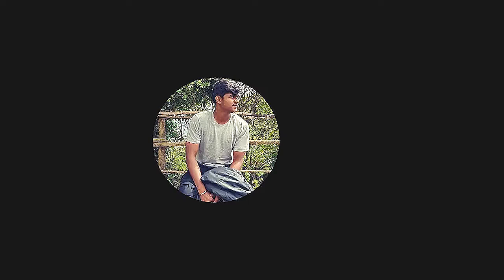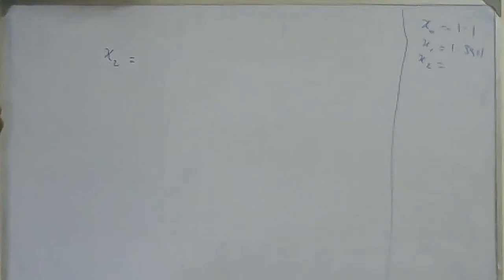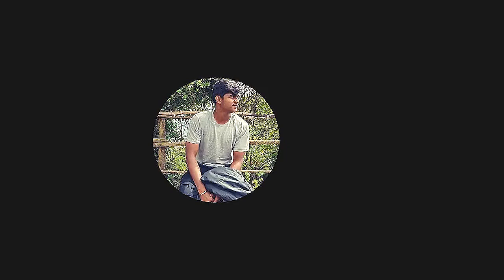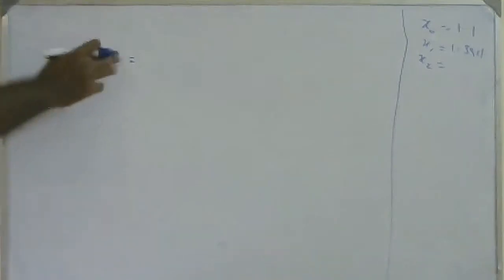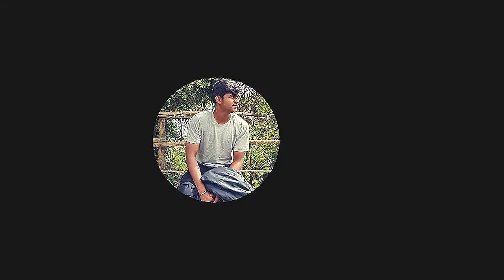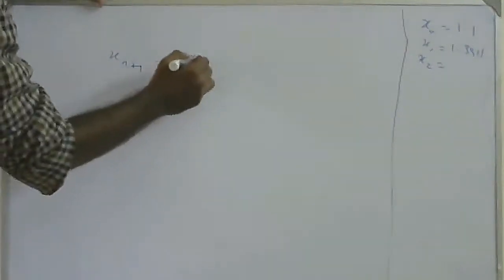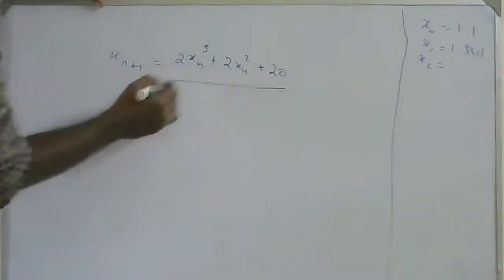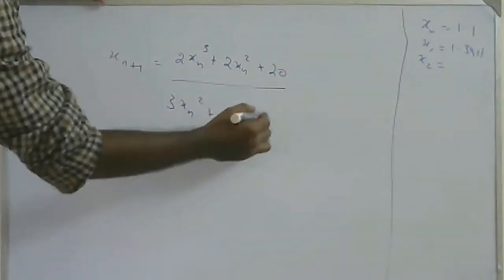So we are in the process of finding X2. What's the formula that I have given? I will write it: xn plus 1 equal to 2xn cube plus 2xn square plus 20 divided by 3xn square plus 4xn plus 10.